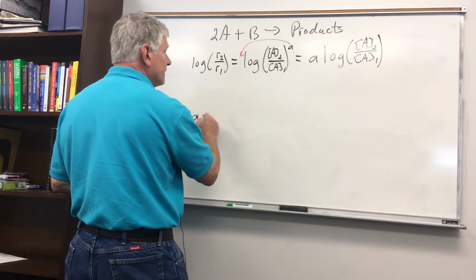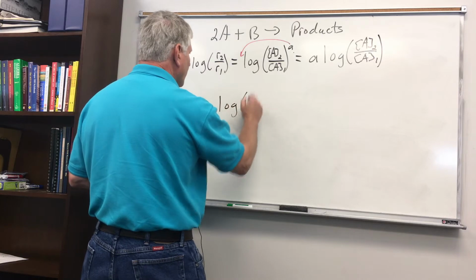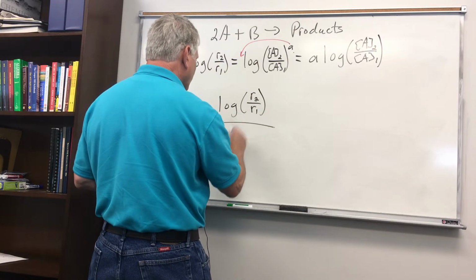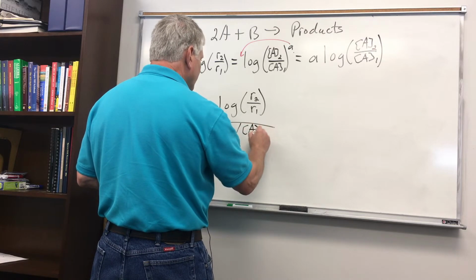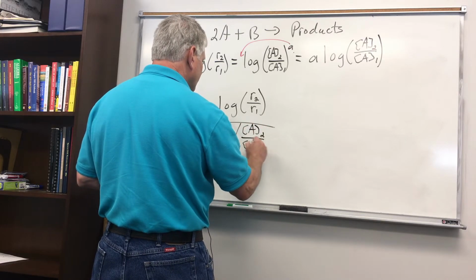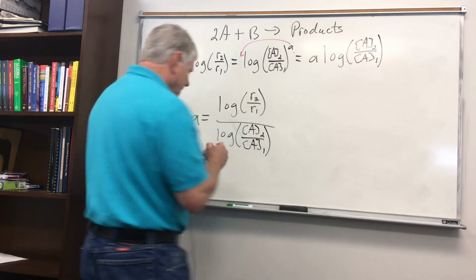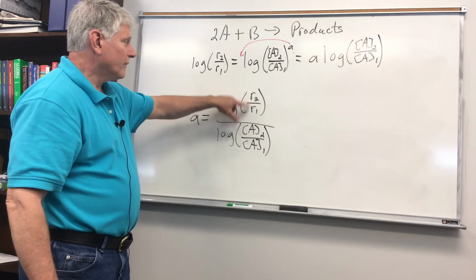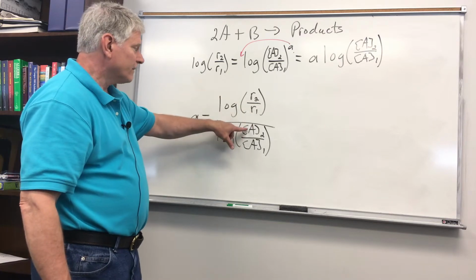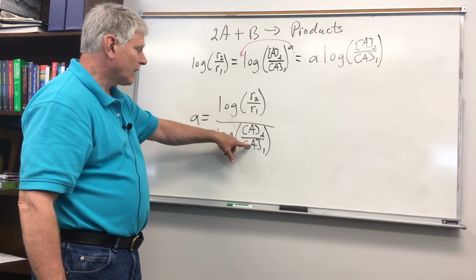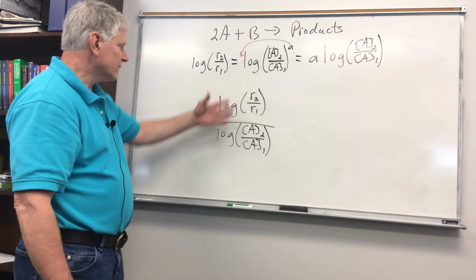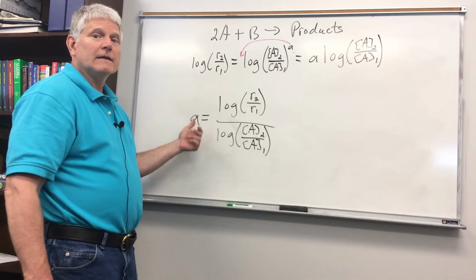So little a is equal to the log of the ratio of the rates over the log of the ratio of the concentrations. So I have experiment 2 and experiment 1 and the rates for those, and I have the concentration for experiment 2 and the concentration for experiment 1, and so I just take the ratio of these logs and that'll give me little a.